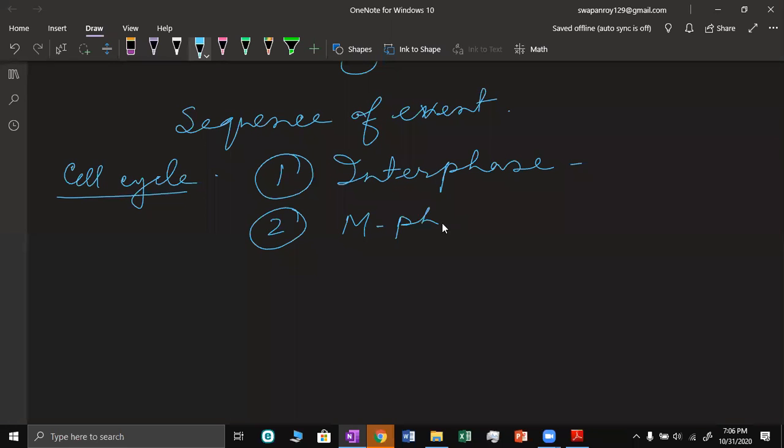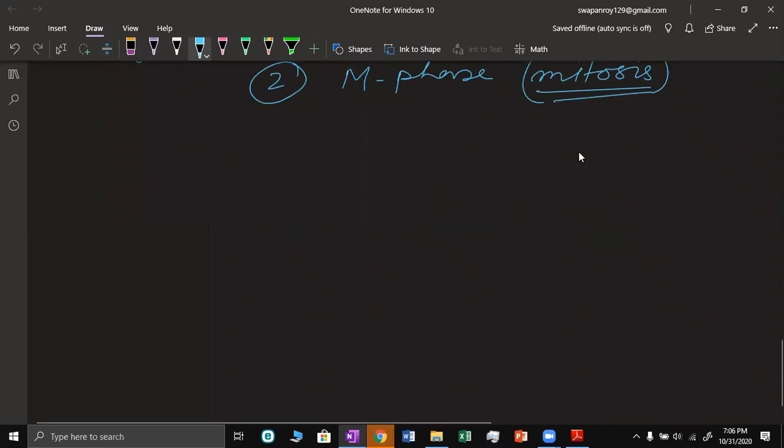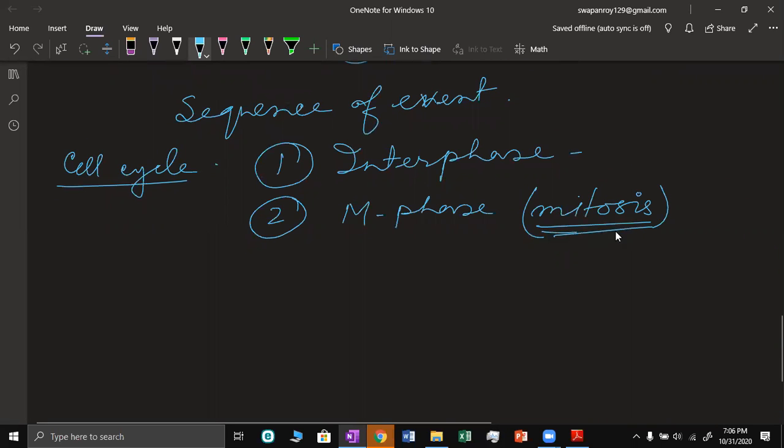M stands for mitosis. Actually, this is the main thing. This is the actual division. M phase represents the actual cell division.